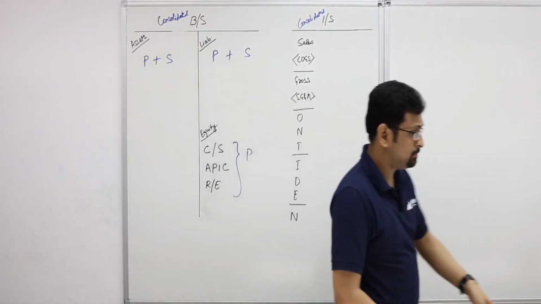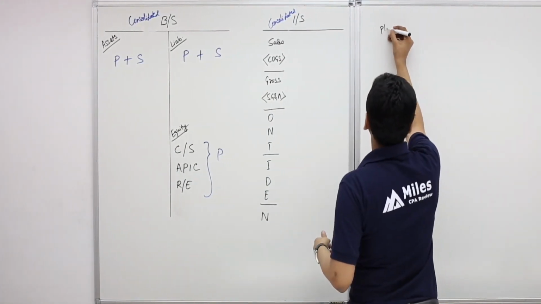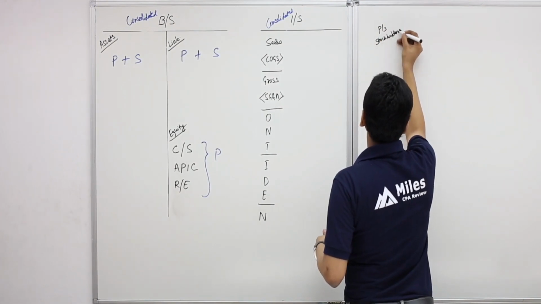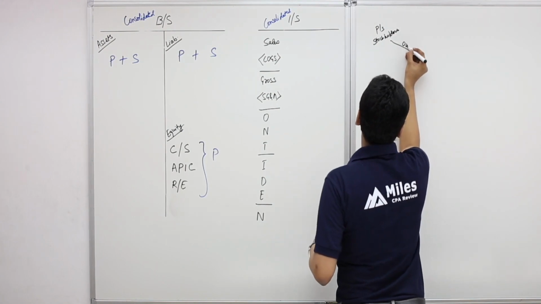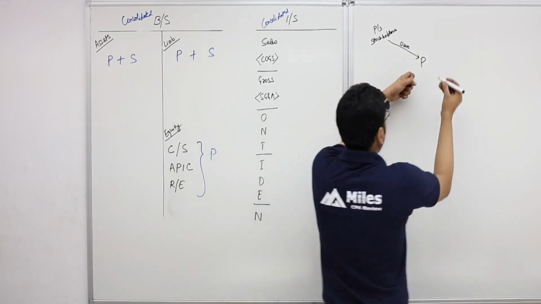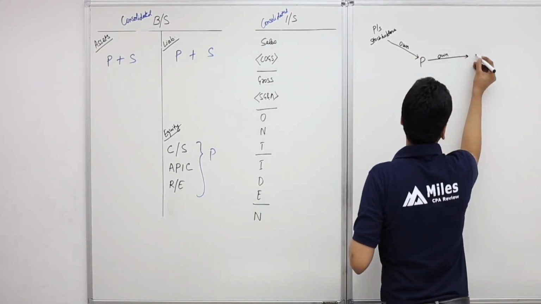Understand the logic here. So you've got the parent's stockholders, who own the parent. And then you have the parent, which owns the subsidiary.